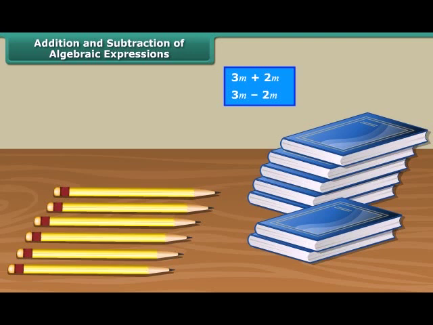Now again, we can't combine these objects since they are different. However, if we remove 1 pencil from 6 pencils, then we are left with 5 pencils, but still we have the 7 books. So you can say it's quite similar with algebra. We can add or subtract only similar objects.